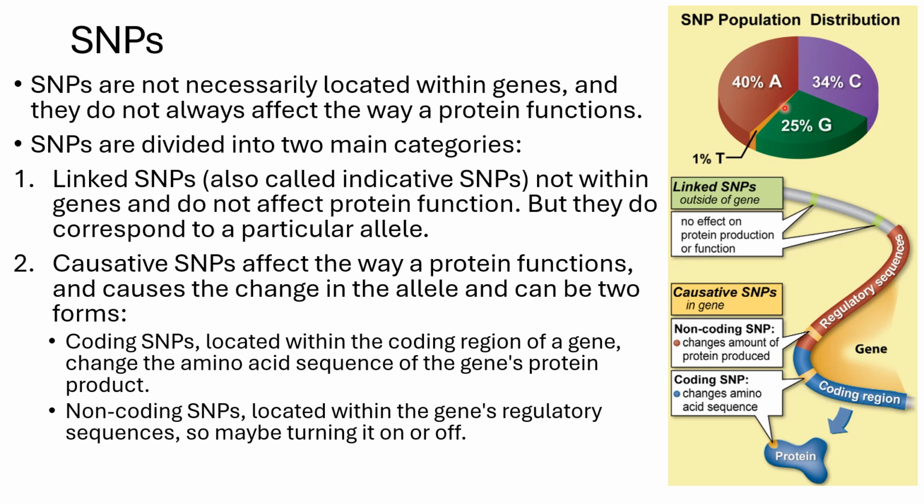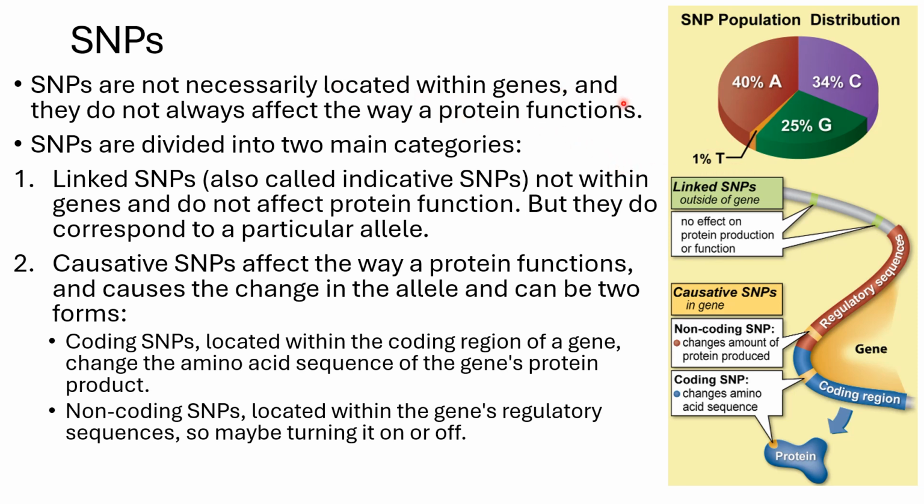And you can see that 1% of the population has a thymine there, 25% of the population has a guanine, 34% of the population has a cytosine, and 40% has an adenine. So if it was less than 1% for any one of these, then it's just a mutation. It hasn't been established in the population yet. It can only be there if it's established in the population.